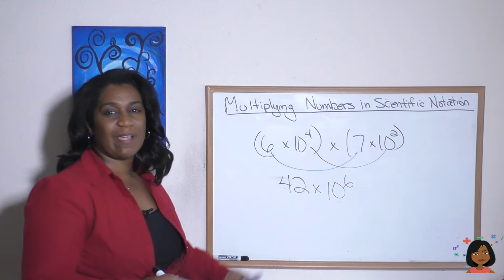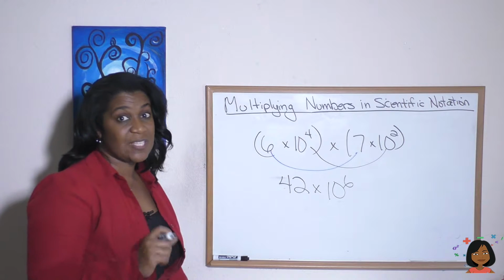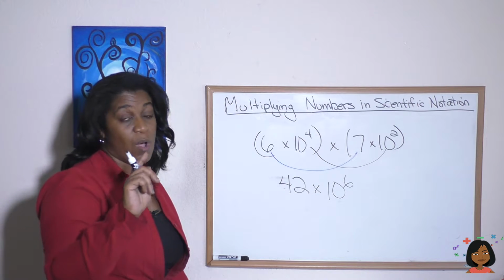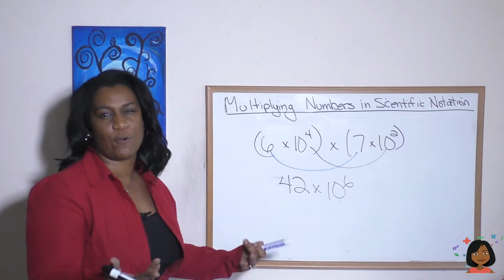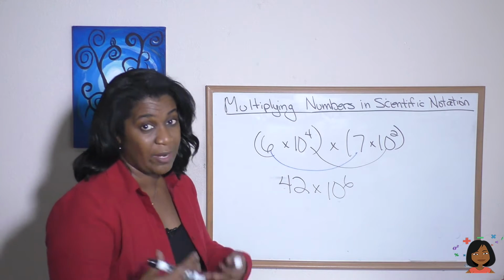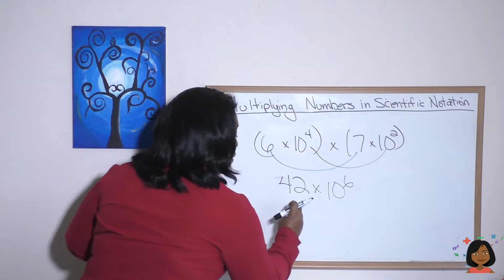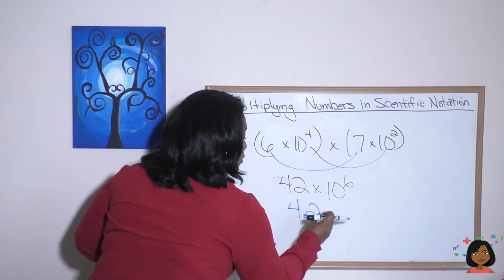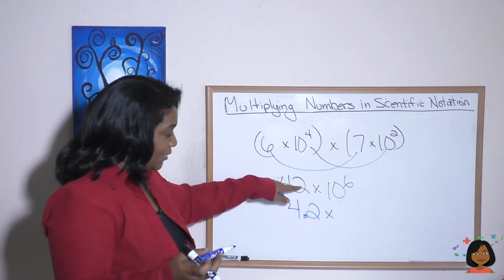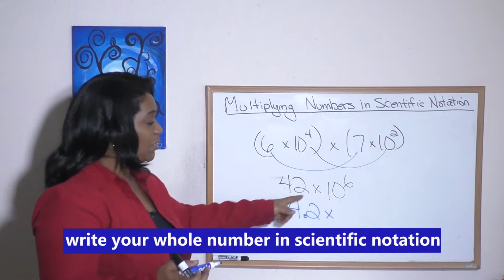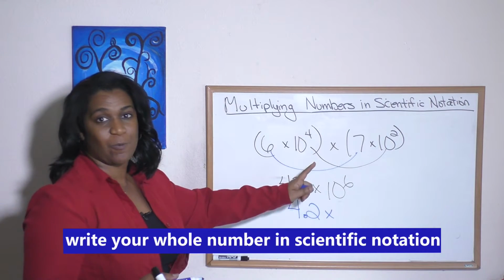This is not how we write scientific notation. Scientific notation has one whole number and then maybe a decimal right after it. So it shouldn't say 42. It should say 4.2, correct? So we are going to need to add one other power of 10, move that decimal 1 to the left, which means this power of 10 is going to go up by 1.